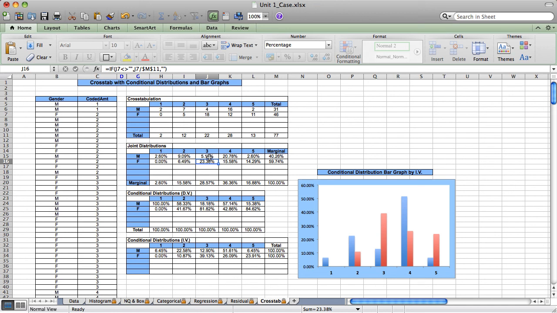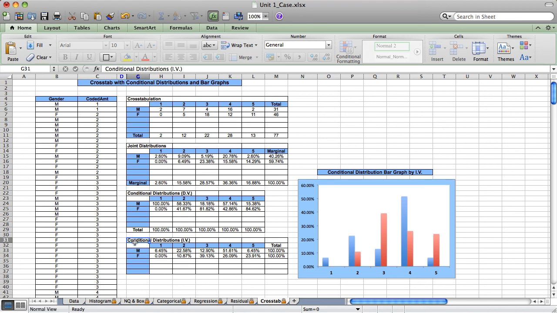The joint distributions are helpful, but they're not very helpful in understanding the effect that gender has on spending category. The conditional distribution by independent variable is the most important result of my crosstab in terms of examining relationships.